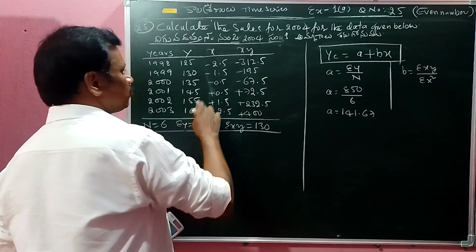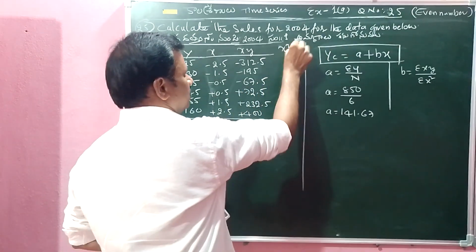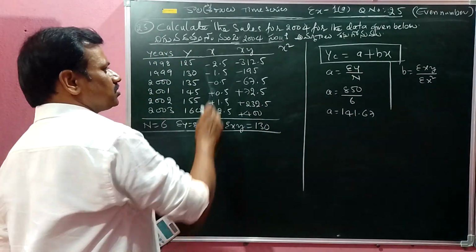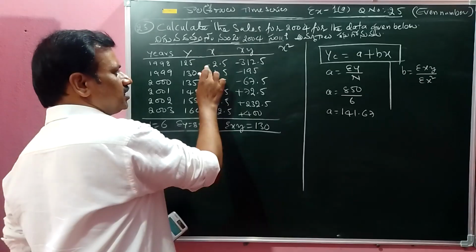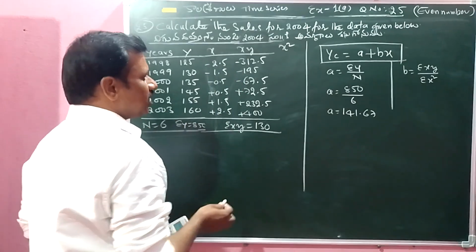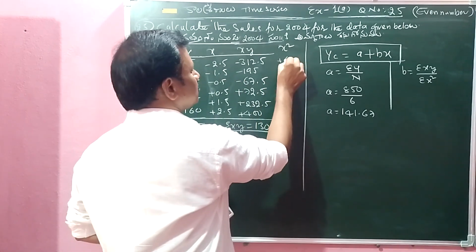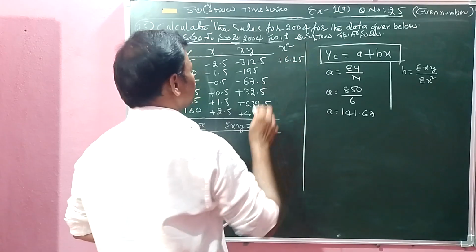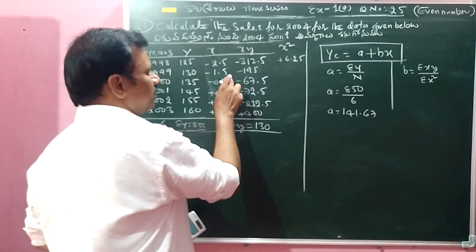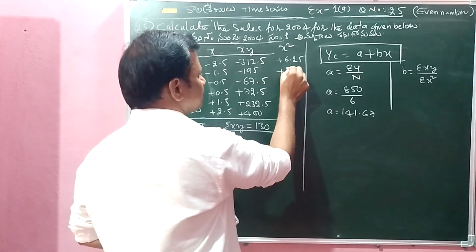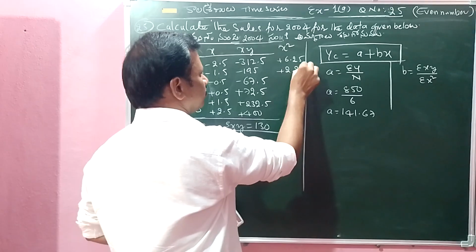Next x square. How to get x square? Minus 2.5 into minus 2.5 is plus 6.25. Minus 1.5 into minus 1.5 is plus 2.25.